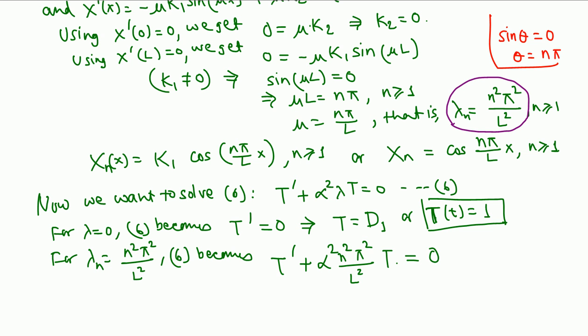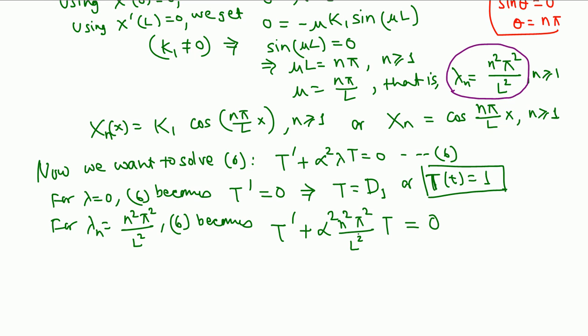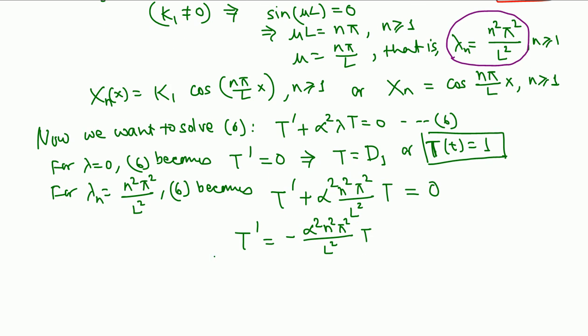Now let's solve this equation. Let's move this over. So we get t prime equals negative alpha square n square pi square over L square t. Move this t to the left side. That means we can divide by t.